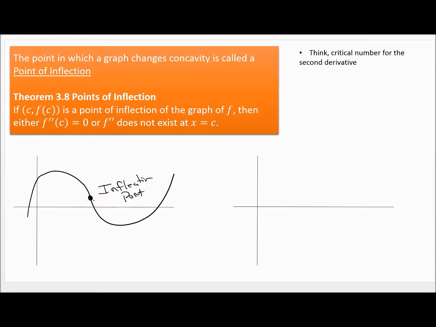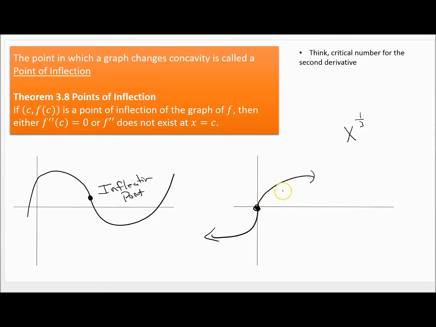Okay, now it also could happen where the second derivative does not exist. An example of that would be like x to the 1/3 or the cube root of x. Y'all know what that looks like from pre-cal. That's what that looks like. And there's an inflection point actually right here, and right here this is concave upward. Well, on the other side, you see that's concave downward.